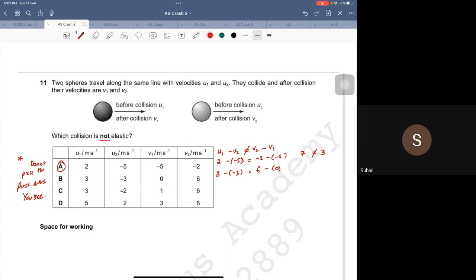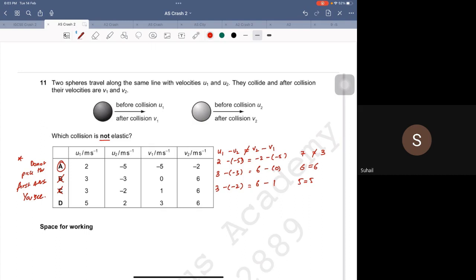So 3 and 3 would be 6 and 6. So these are elastic, so that could not be our answer. Then C is going to be 3 minus 2, and that's going to be 6 minus 1. So that's 5 and 5. So that's not our answer as well.